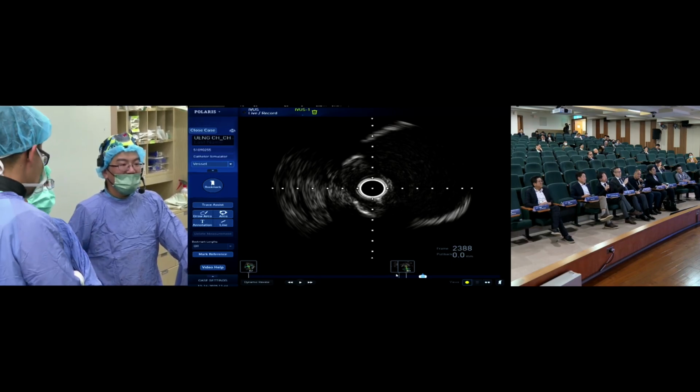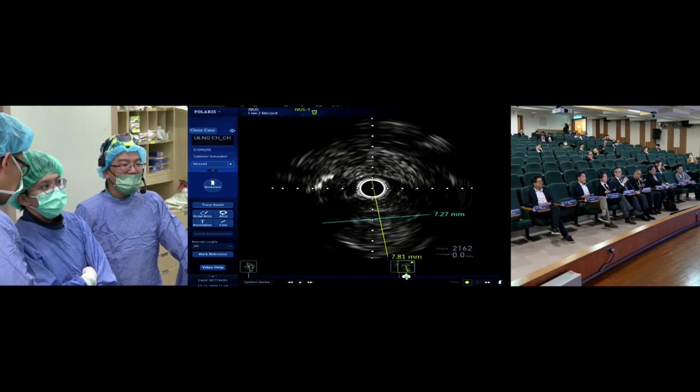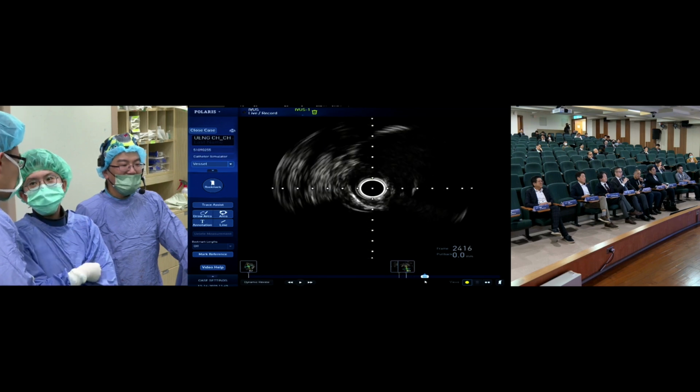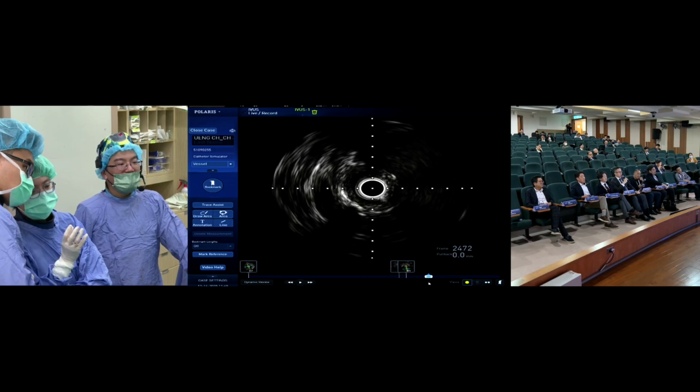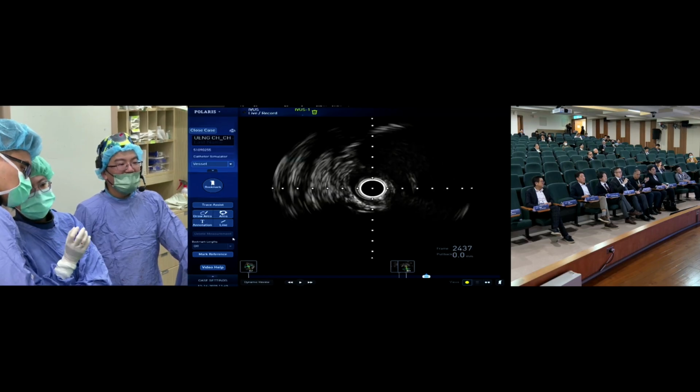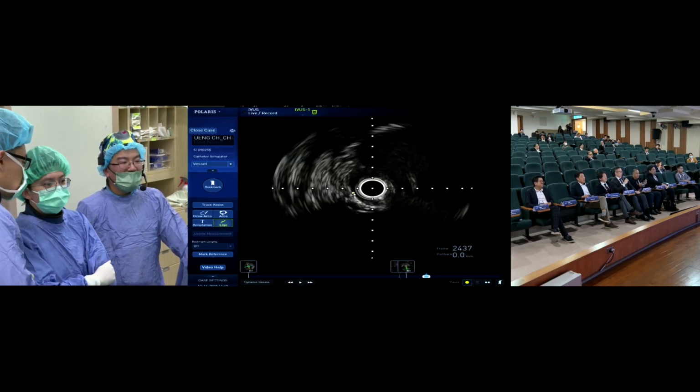It's a very discussable point. Yes, I think you can be brave. Although the wire is not totally in the true lumen, I think it is above the EEN, so it's safe for you to do ballooning.